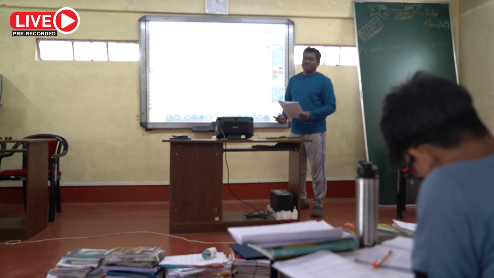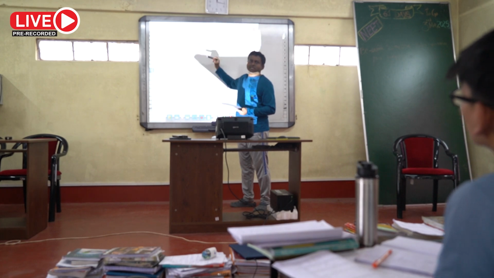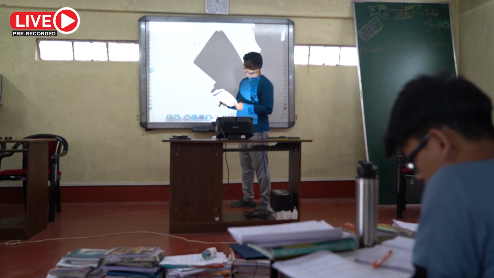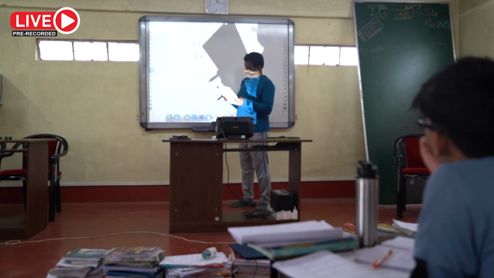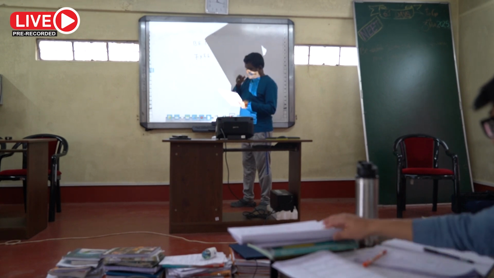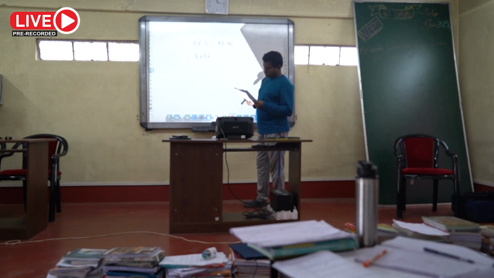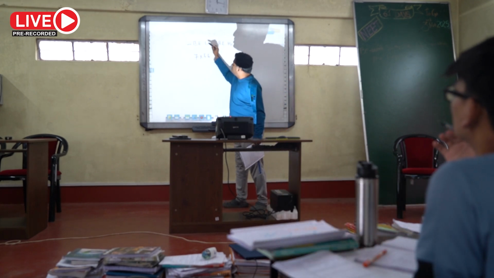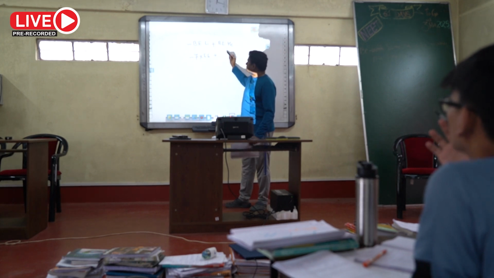See, if you take the binding energy of lithium, how many nucleons are in the lithium? 7. So it will be 7 into that binding energy given 5.6. So may I write the details? 7 into 5.6, this is a minus, plus this one.